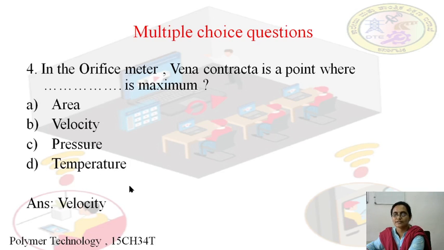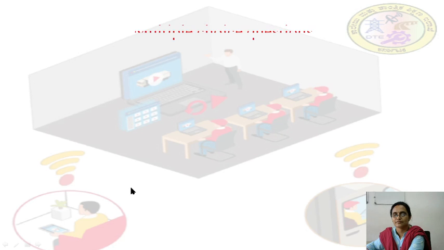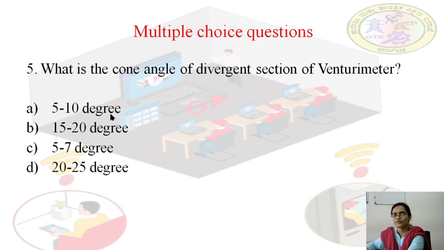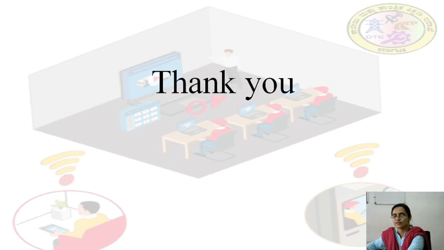Velocity is maximum. What is the cone angle of the divergent section of a venturi meter? 5 to 10 degree, 15 to 20 degree, 5 to 7 degree, 20 to 25 degree. 5 to 7 degree is the answer. Thank you.